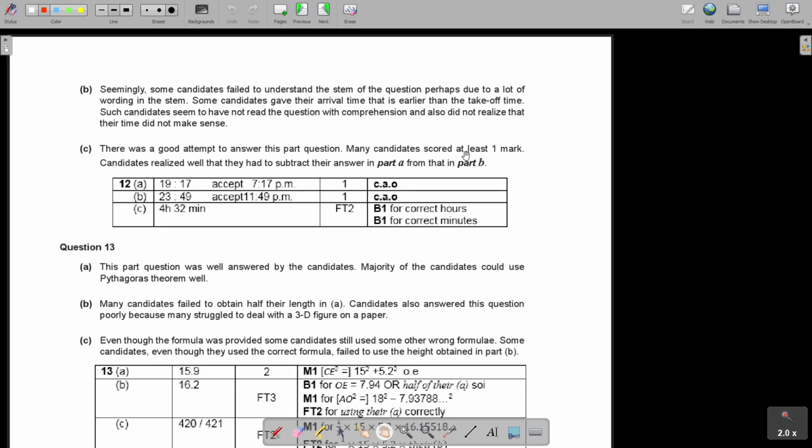Many candidates scored at least 1 mark. Candidates realized well that they had to subtract their answers. So they follow through. So that meaning even if you had this incorrect, they will work with your incorrect. And you can still score 2 full marks even if your answer differs from this one. Okay, if you subtracted correctly.